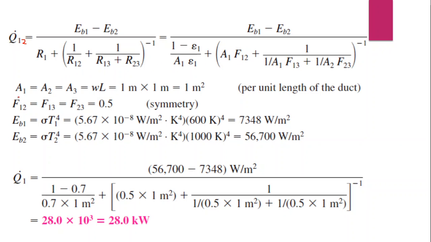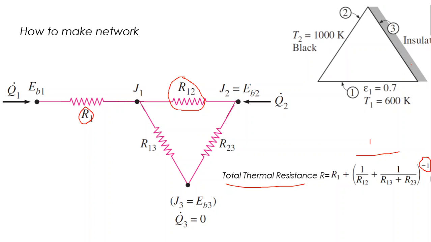In this case we have A1 equal to A2 equal to A3, and A1 is the area of the rectangular surface. That will be equal to W into L, and both have a value of 1 meter. So the area will be 1 meter square, and the view factor will be 0.5. As you know, this enclosure is a symmetric enclosure.